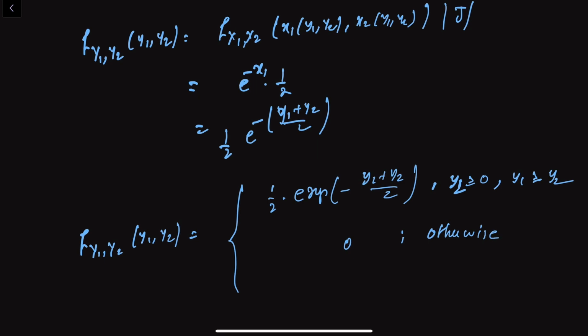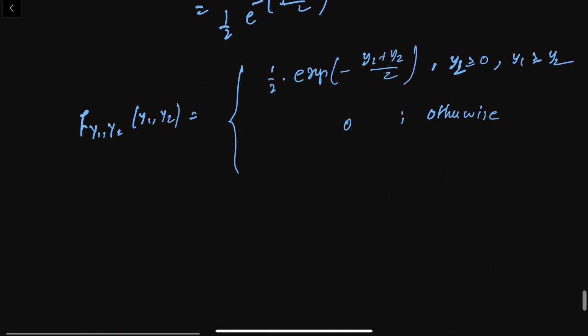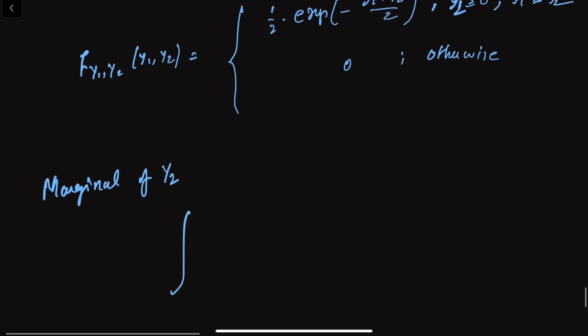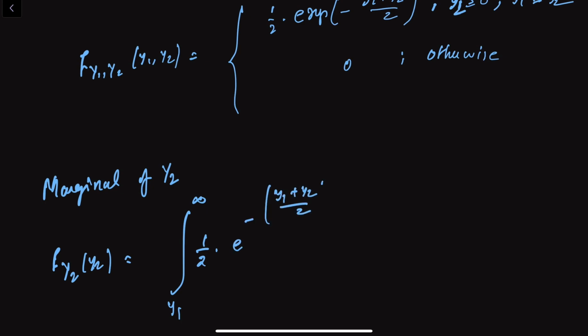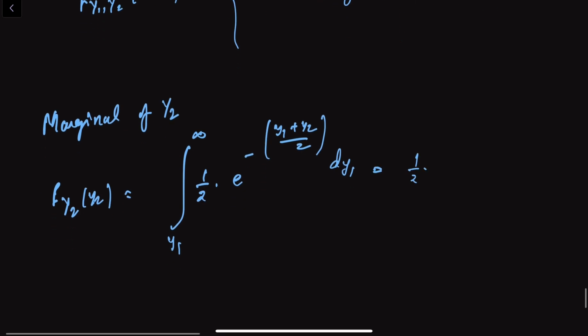So now we can find the marginal density of this y2. So basically we need to integrate this joint PDF over y1 till infinity: half times e to the power minus of y1 plus y2 by 2 dy1. So we can take this e to the power minus y2 by 2 out.